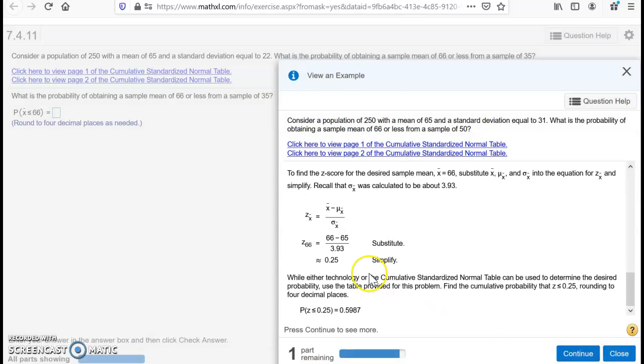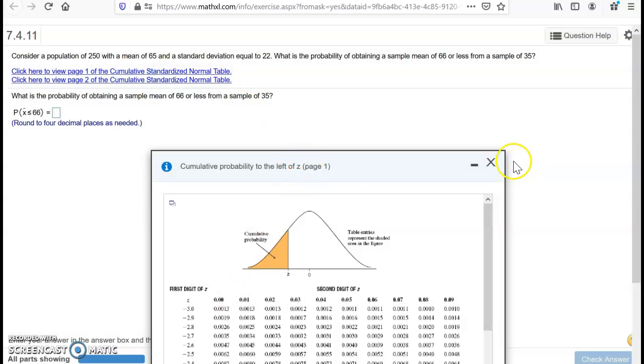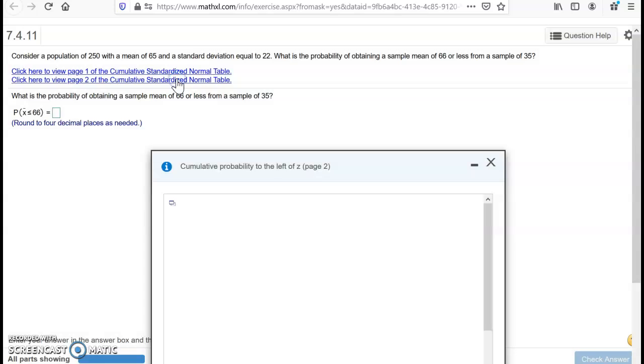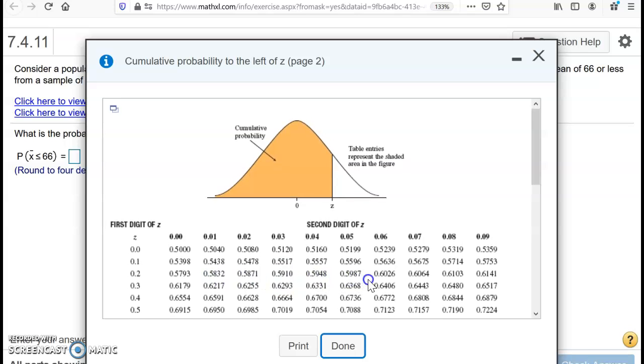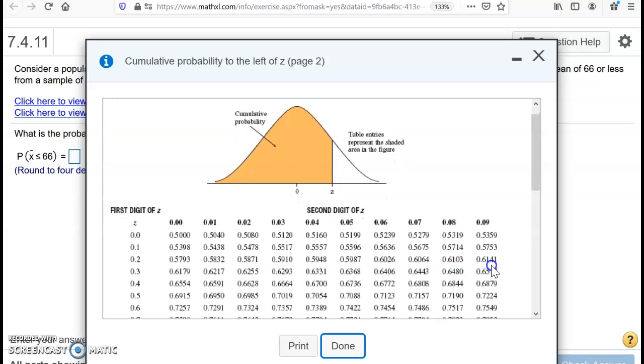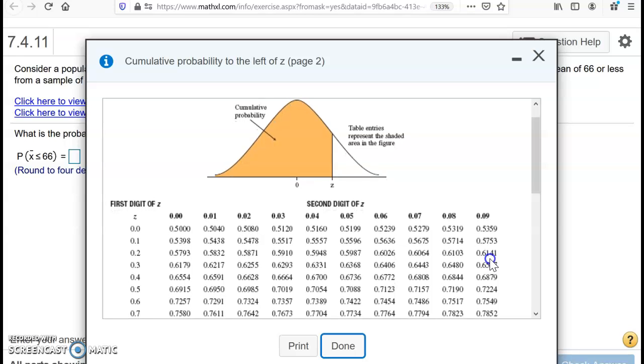Now, you have to use your table. You're looking for the positive value, so it's going to be your second table. So go to 0.2 and go across to 9, and 0.29 is 0.6141.